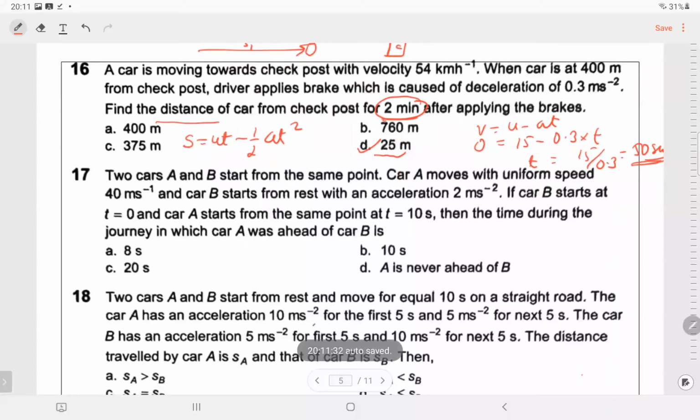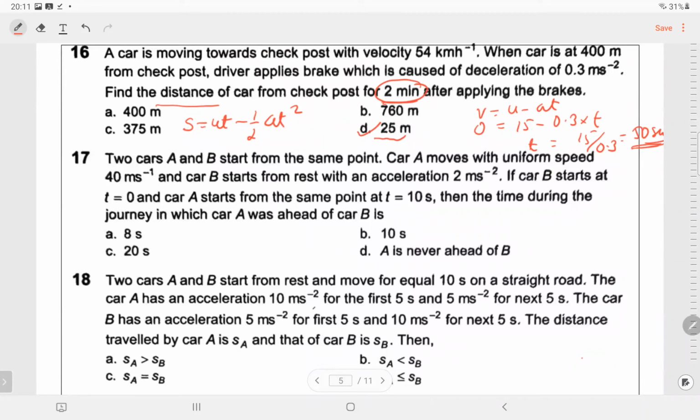If car B starts at time t is equal to 0, car A starts from the same point after 10 seconds. Calculate the time during which car A is ahead of B. With the help of a graph, these questions can be done a little better, but we are using the equation. So we need to first find the equation as per the situation.